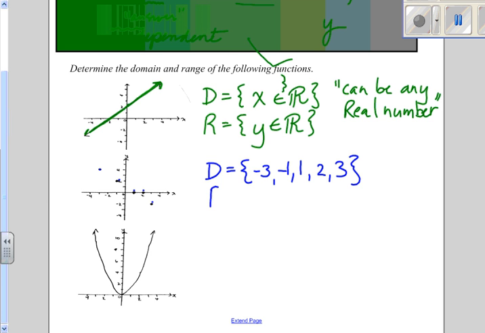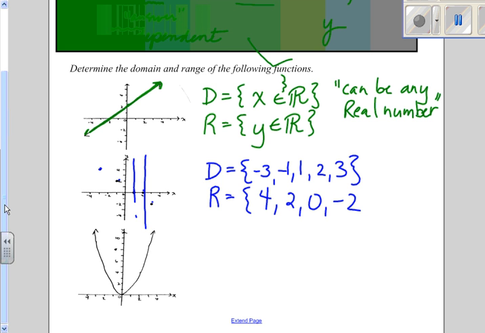The Y values are also specific. There's one less of those. 4 from that first left one, 2, 0 twice, and -2. But because I can put a vertical line and only hit once, it is a function.